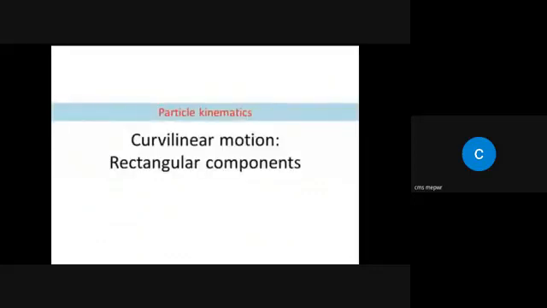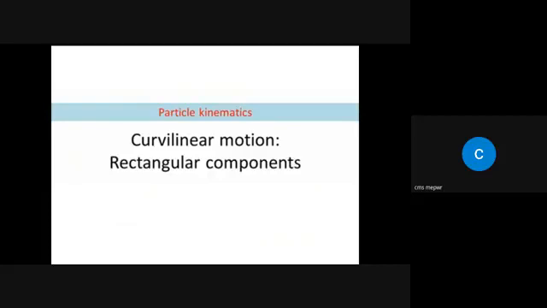Now, curvilinear motion. As I have told you in our previous week class, we can have different sorts of motion. We can have rectilinear motion, and in rectilinear we can have continuous and erratic motion.